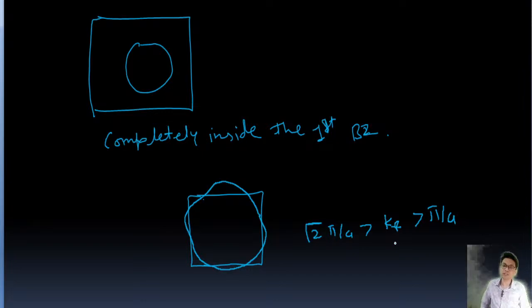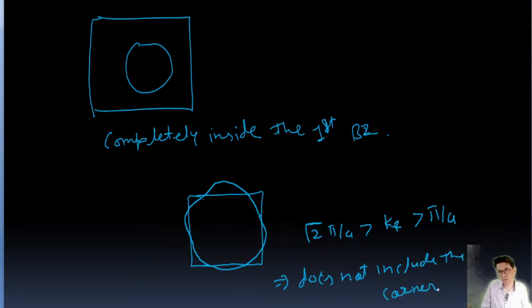So Kf is less than root 2 pi by a and greater than pi by a. Okay, so it does not include the corner.